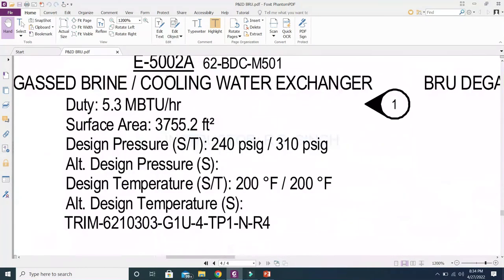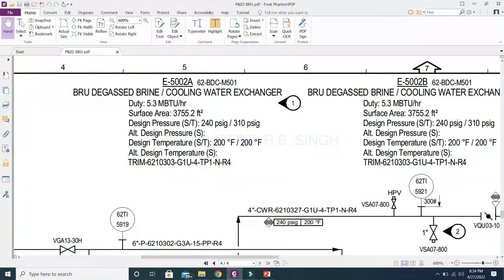You can see what this equipment is: this is the gas brine cooler water exchanger. And what are the basic data? The duty is mentioned here, surface area, design pressure and alternate design condition, design temperature, alternate design temperature. This information is very important to us.